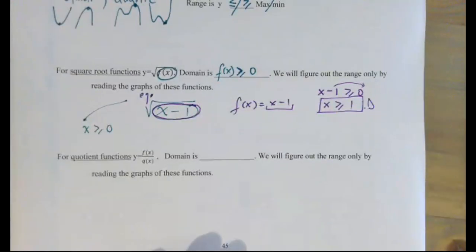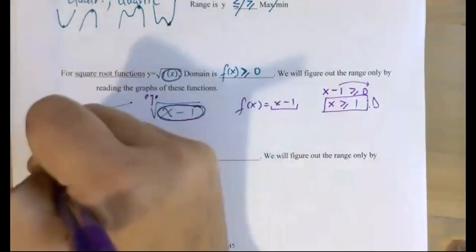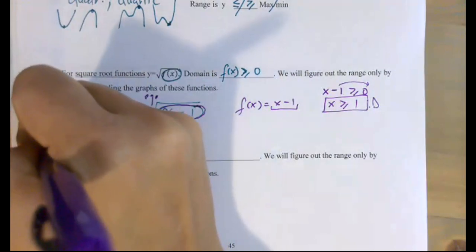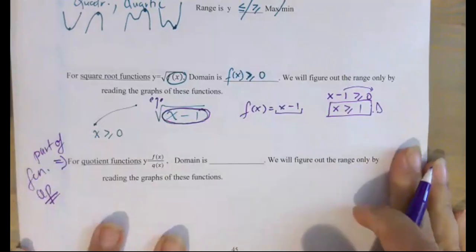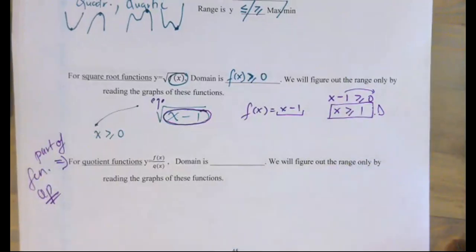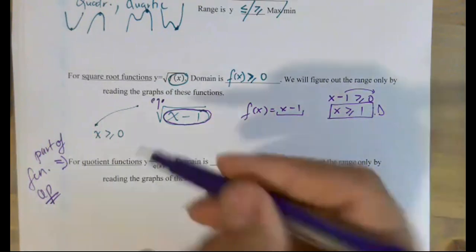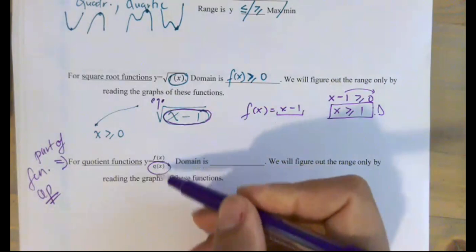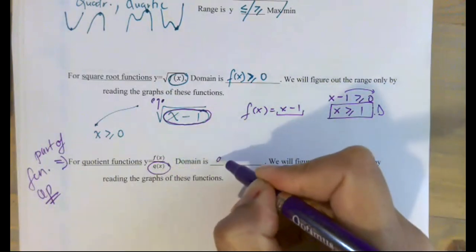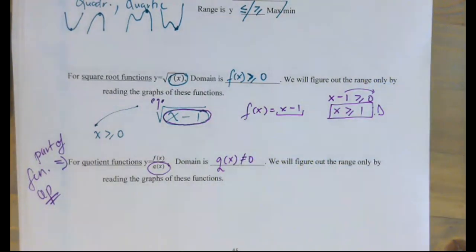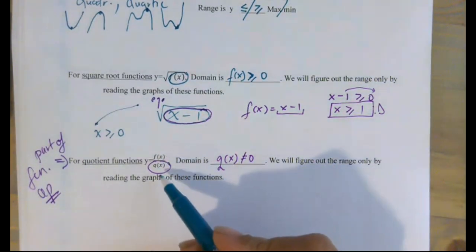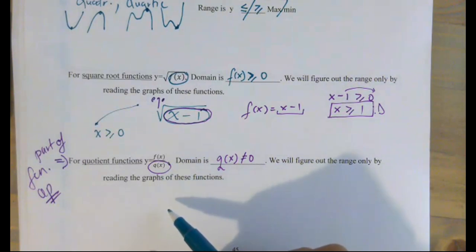For quotient functions, and this is something that we will do as part of function operations, sometimes you'll have to do a quotient of functions. For the domain, you have to be careful that this q of x that comes from the division cannot be 0. Why? Because we cannot divide by 0. Example.